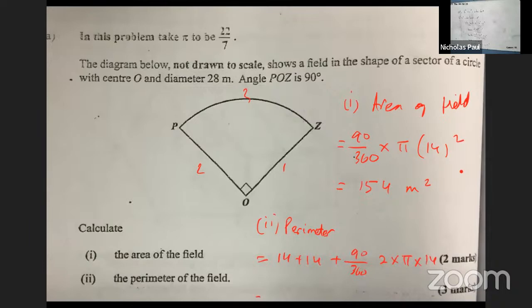How much is that? It can be 22, right? So it's 14, 14, and 22. Okay, good. That's your perimeter.